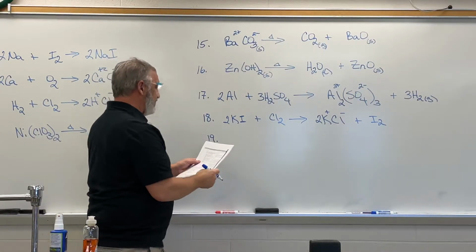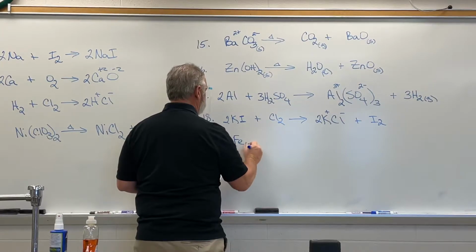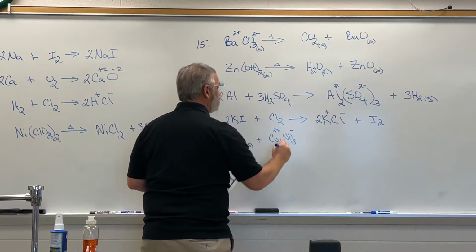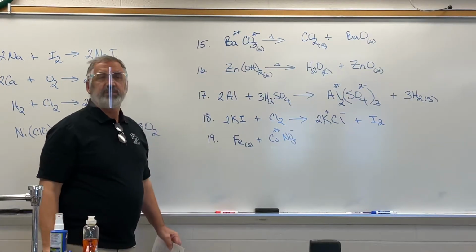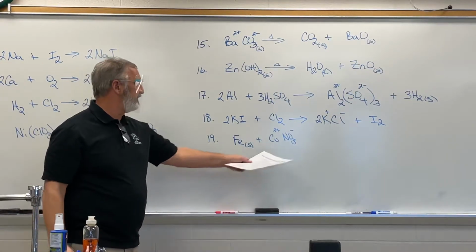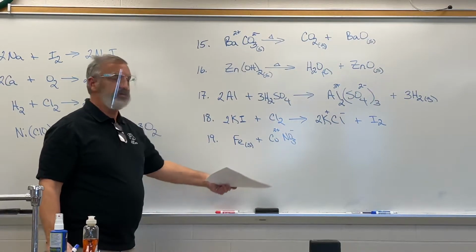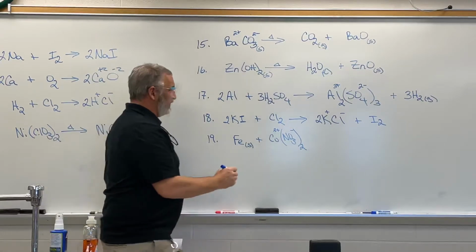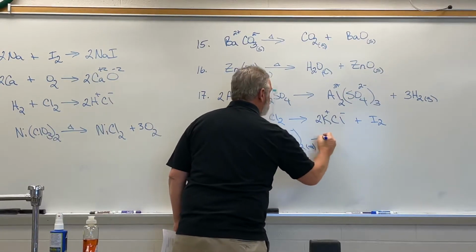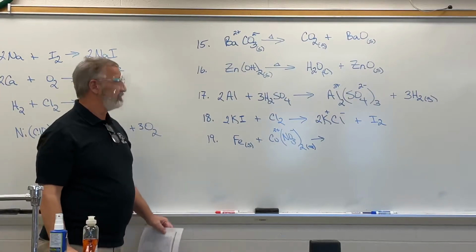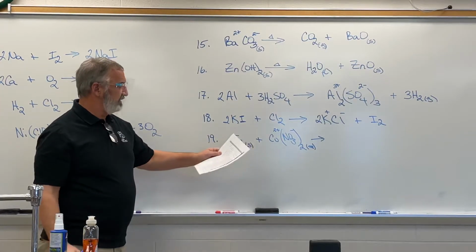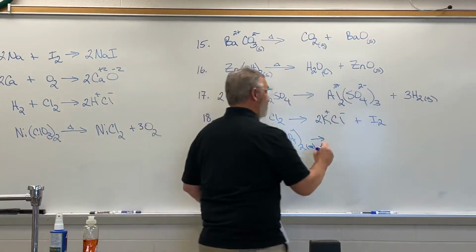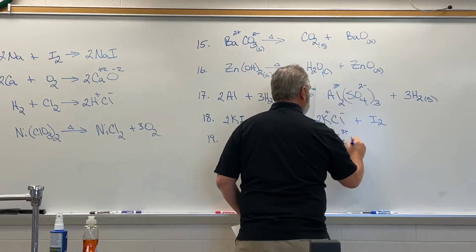19. Iron plus copper 2 nitrate. Copper 2 means it's 2+. Nitrate is NO3-, so what's the formula? What's copper 2 nitrate going to be? We have to have parentheses and a 2. Now, this would be aqueous because it's a nitrate. Two solids aren't gonna react. It says iron 3, so iron 3 nitrate.